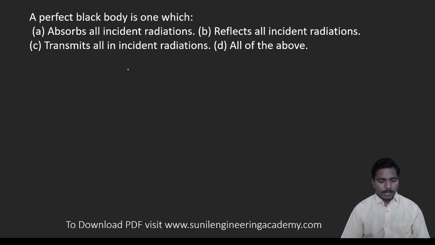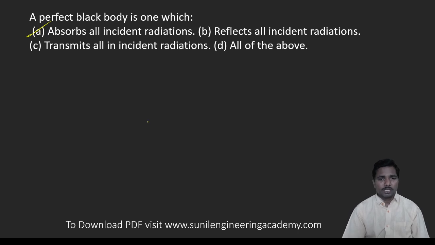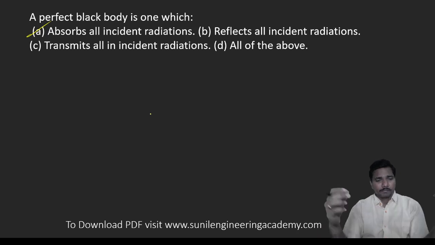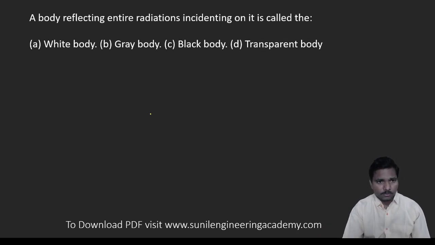A perfect black body is one which dash. What is a perfect black body? One which absorbs all the incident radiation is a black body. In case of a white body, it reflects the entire radiation and may not absorb anything. A body reflecting entire radiation incident on it is a white body.